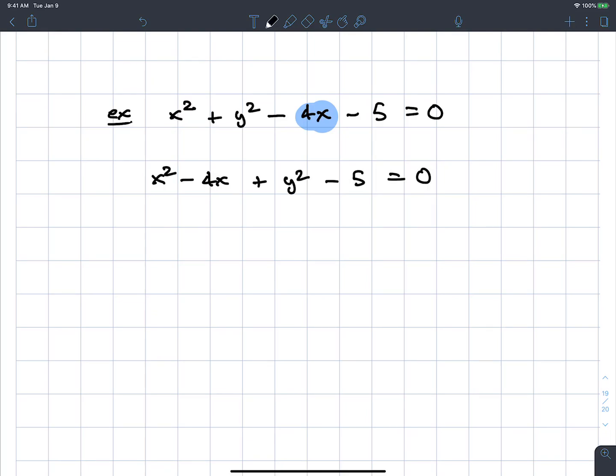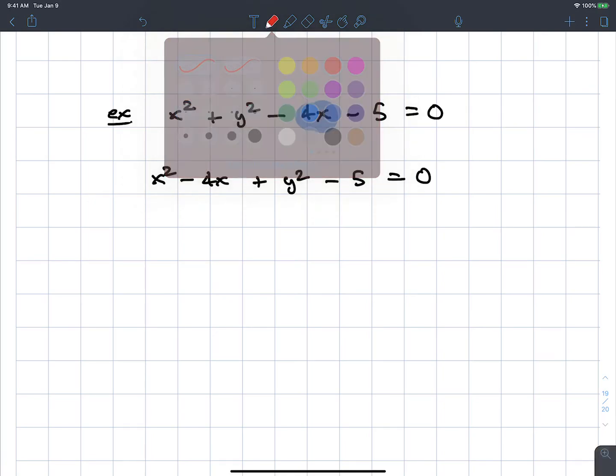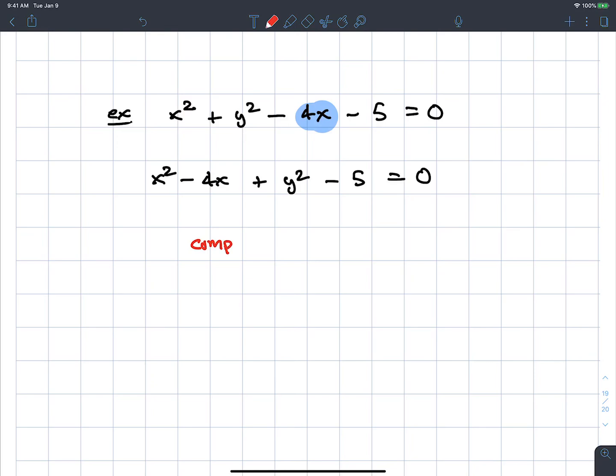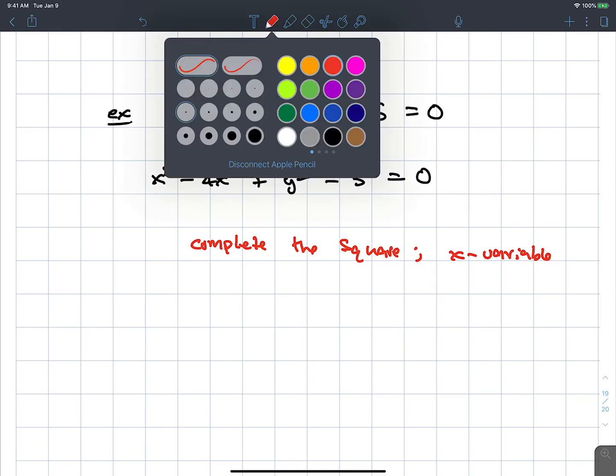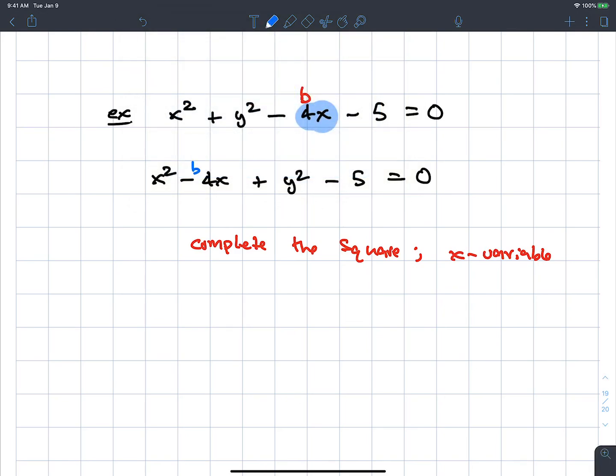So I put the x variables next to each other because, again, we're going to complete the square. And it's for the x variable, because we have a bx term there. So there's that b value.